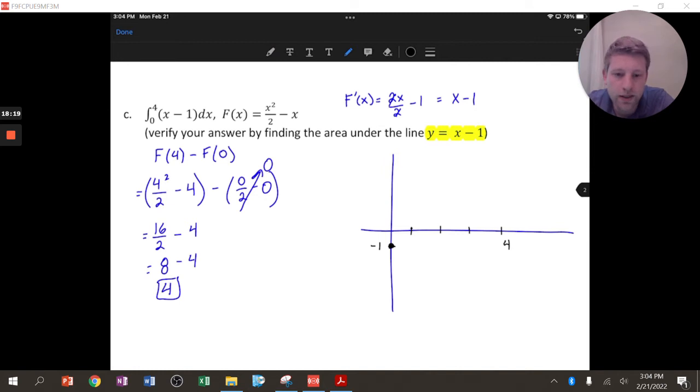And since our line is just a slope of 1, we know it's going to go up 1 for every unit of run. So 1 up, 1 over, all the way across. We'll plot that.